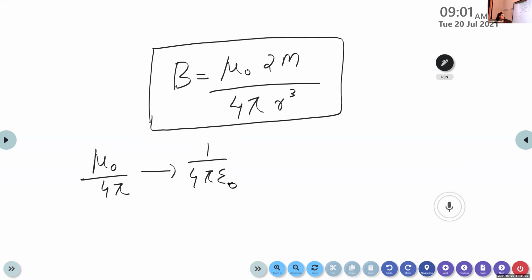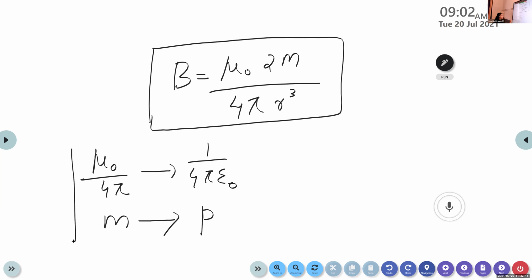That is what we are going to compare. In magnetism, the magnetic dipole moment is M. In electrostatics, the electric dipole moment is small letter p.